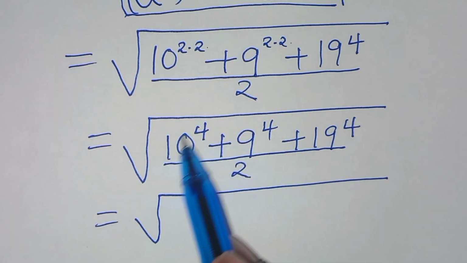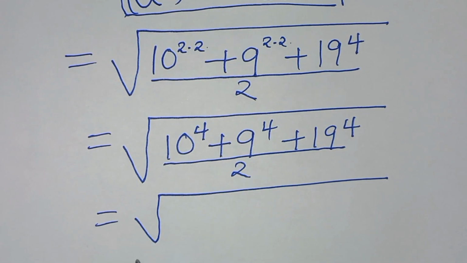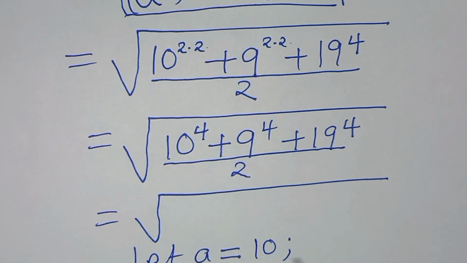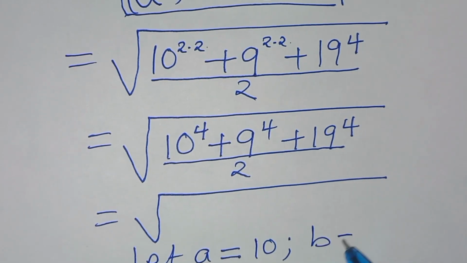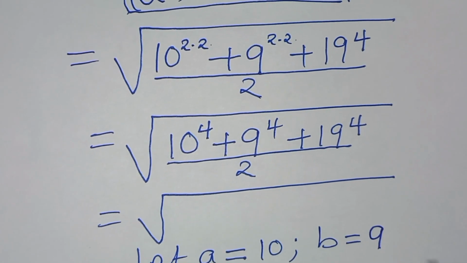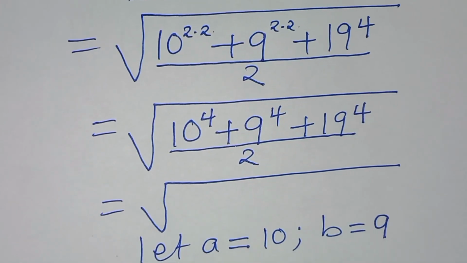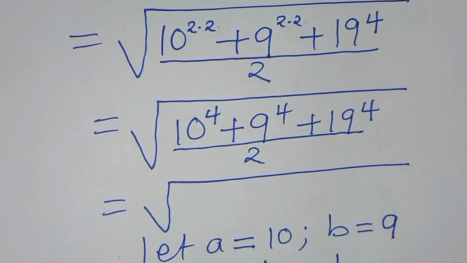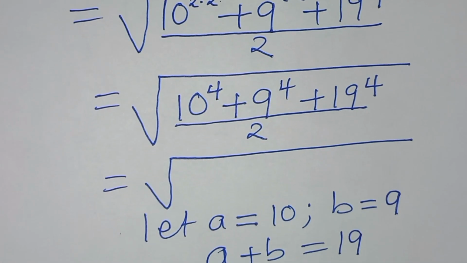Now, before this, we can just say, let A be given as 10, and also let B be given as 9. Therefore, A plus B is the same thing as 19.